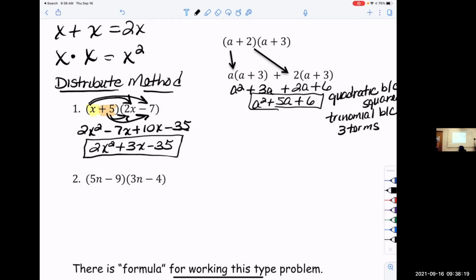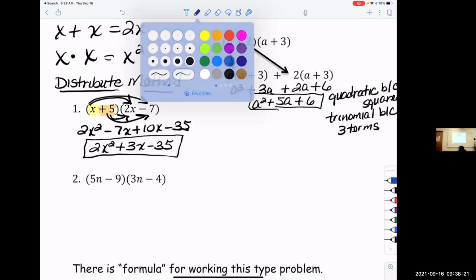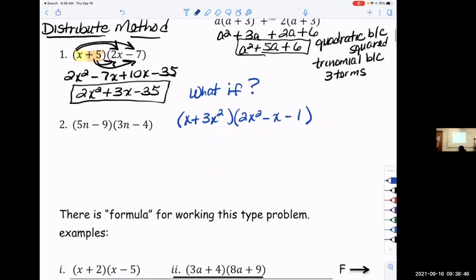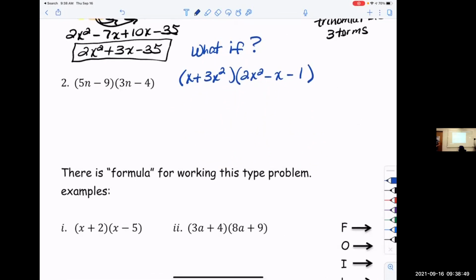All right, so what if, go ahead and finish that. I'll put my what if over here. Could I do this problem using the distributive property method, even though it's got 2 terms and 3 terms?